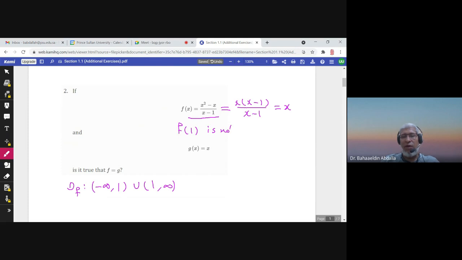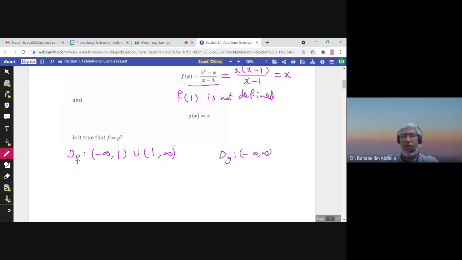F of 1 is not defined because 1 is not in the domain of f, while g has domain all real numbers. So there is a difference between the domain of f and the domain of g. So f is not equal to g at 1.